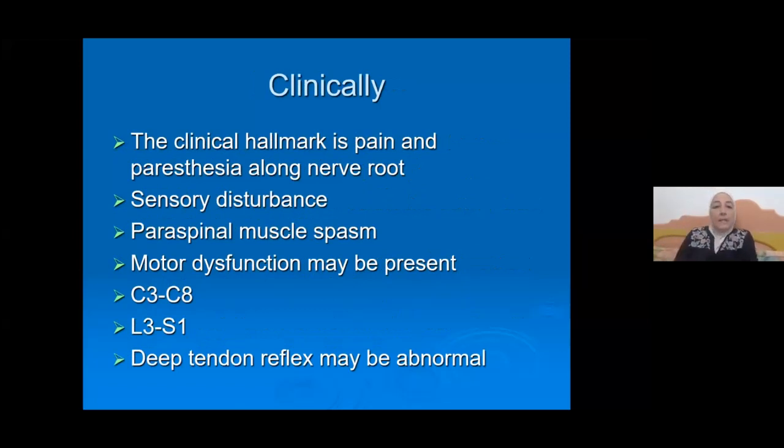As you all know, the clinical hallmark is pain and paresthesia along a certain nerve root. This is very famous. The patient comes complaining of pain and paresthesia. There is also sensory disturbance. I say sensory disturbance, I didn't say sensory loss, because in cases of radiculopathy the dermatomal supply, which we will see, is characterized by an overlap.